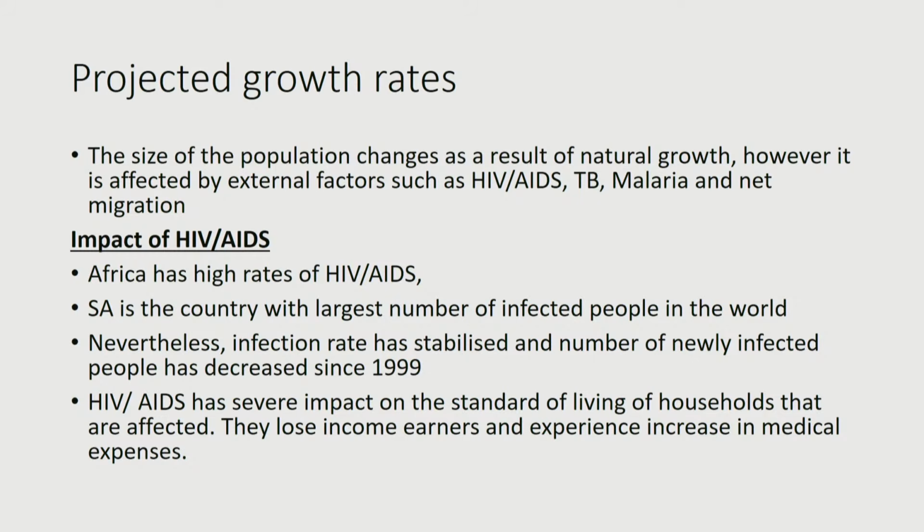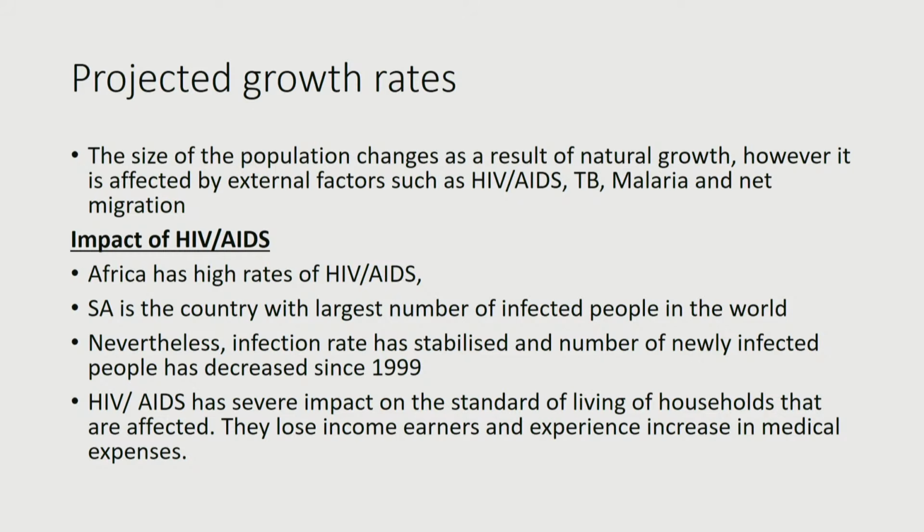When we look at the projected growth rates, the size of the population changes as a result of natural growth. However, it is also affected by external forces such as existing illnesses.